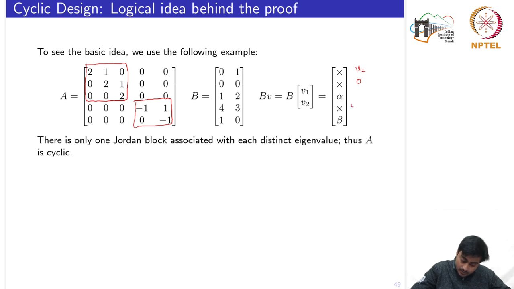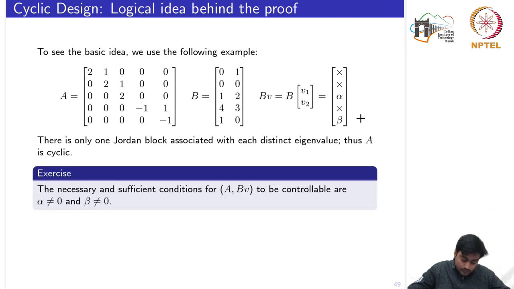The fourth element would be 4v1 plus 3v2, and let's denote the fifth element by beta. One of the problems we had discussed during the tutorial of the controllability week is that the necessary and sufficient condition for the pair A, Bv to be controllable is that alpha and beta should not be equal to 0. In fact, the proof of this result we had seen through numerical examples during the tutorial classes, or you can prove it by yourself as well.